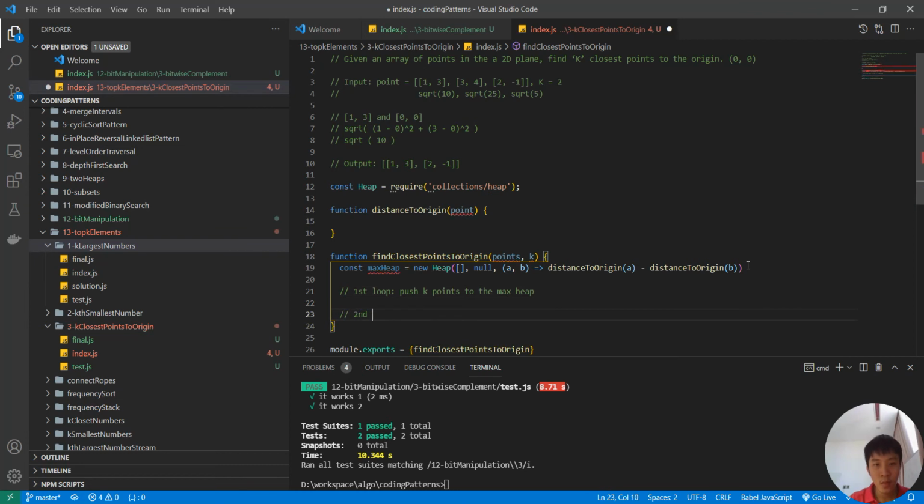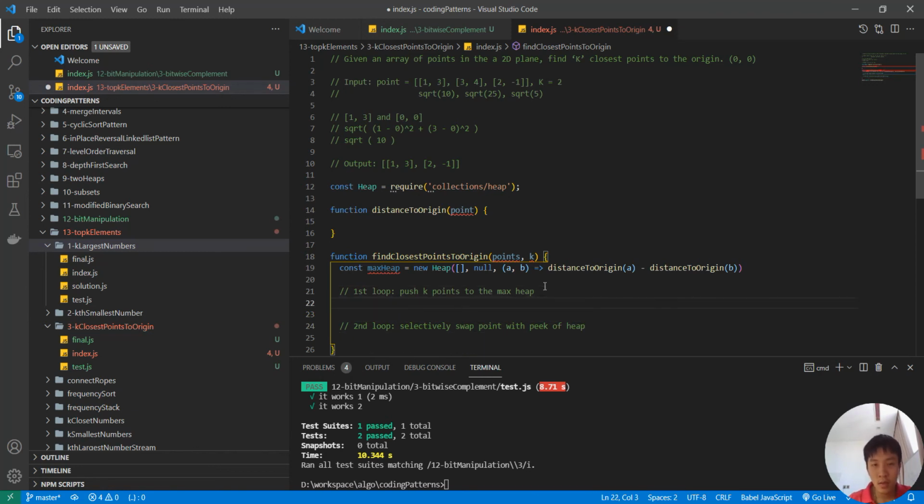And the second loop is going to selectively swap a point with the peak of the heap.